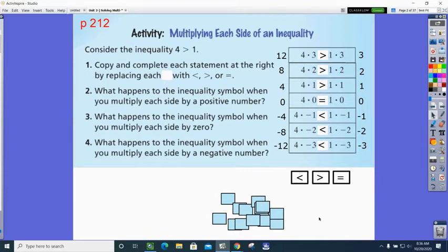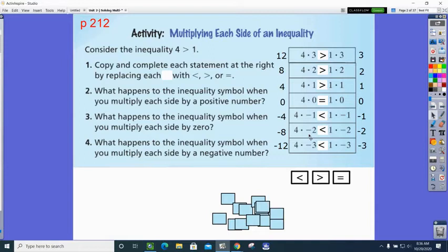So when we multiply this inequality by a negative number, we had to switch the inequality from a greater than to a less than so that it would be true. So today, as we are solving inequalities, we have to remember this one little weirdness surrounding inequalities.